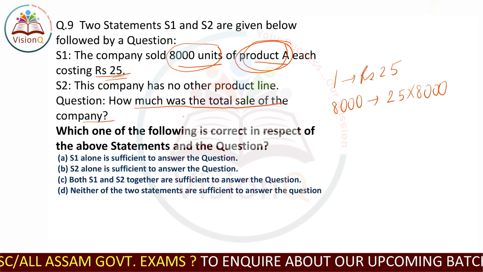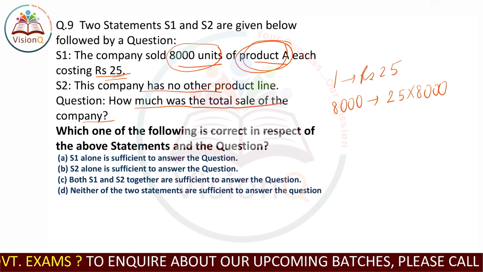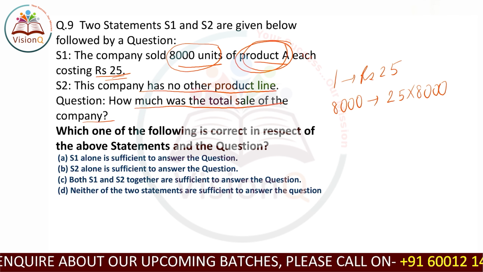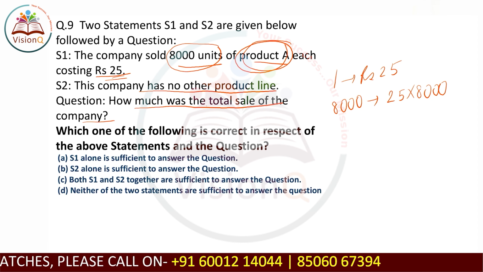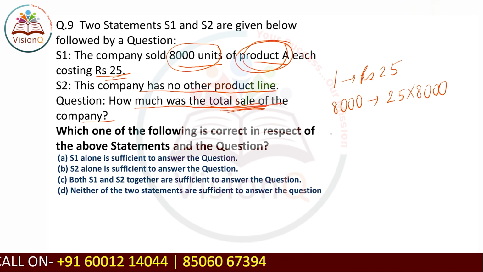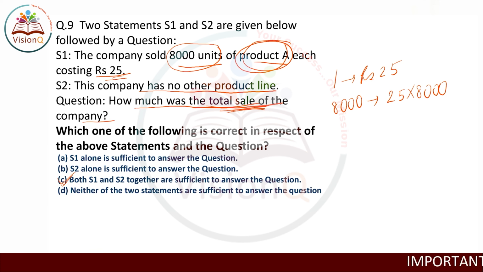So it is given in the next statement. This company has no other product line. That means the answer can be found by combining the two statements to find total sale of the company, which is statement 1 and statement 2 together. The right answer is option number C. Both statement 1 and statement 2 together are sufficient to answer the question.